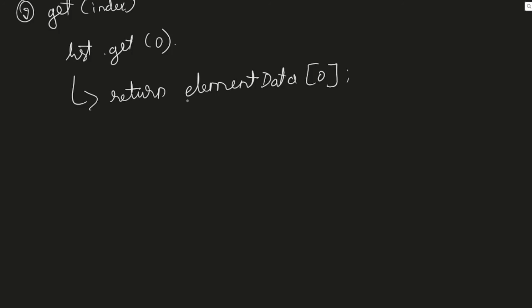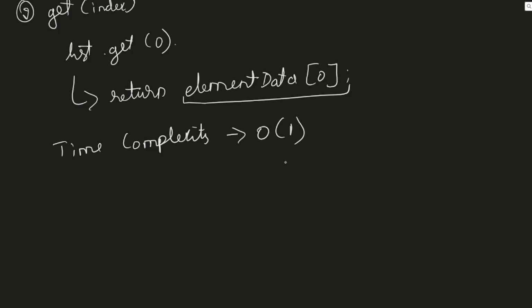That's it. I don't think I need to explain this part. Since we are providing the index, it immediately reaches the exact position and returns the element. So we can easily say the time complexity of the get method is nothing but big O of 1. This is the reason ArrayList is very fast for retrieval.